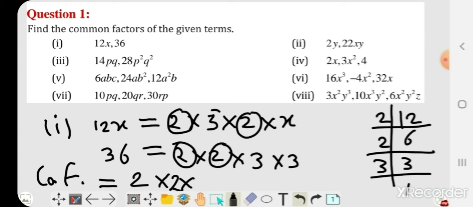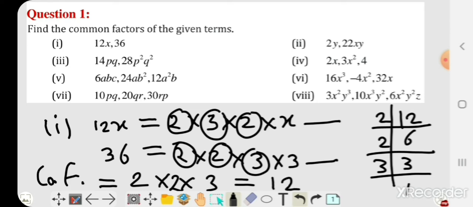Yes, then 3. That's it. Nothing more is common, because it is x and it is 3. These two are not same. So the common factors are 2, 2 and 3. Means in multiplication you can write 12. 12 is the common factor of 12x and 36. It means 12x and 36 can be divided by 12.